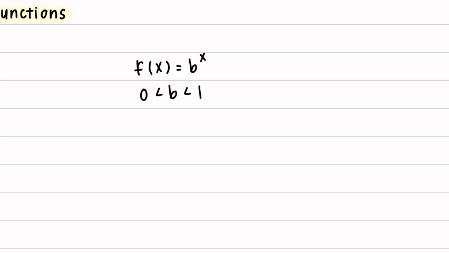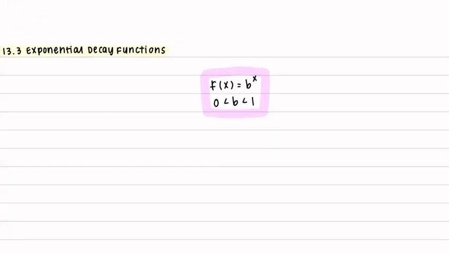So that's where it's different from growth. The b value is between 0 and 1. Okay, so we're going to look at some common bases for exponential decay, just like we looked at common bases for exponential growth.